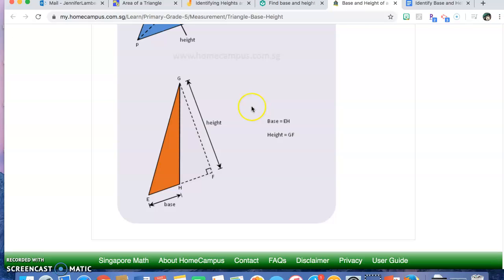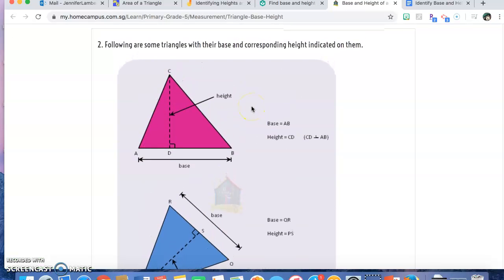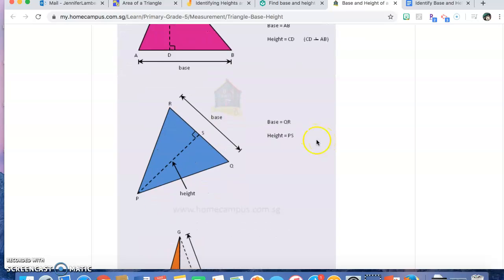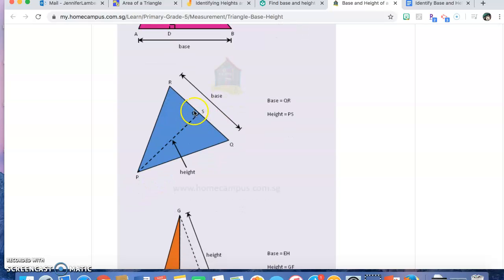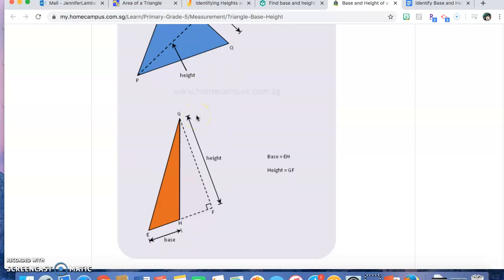I'm just going to show you, I have like a minute and a half left to record, so I'm sorry. Here's another example. There's the base and there's the height, so it shows you CD. This little symbol right here shows that it's perpendicular to AB. Then again, you have another triangle here. Your base would be considered QR and your height would be PS because those 2 lines form that right angle, as you can see with the box.